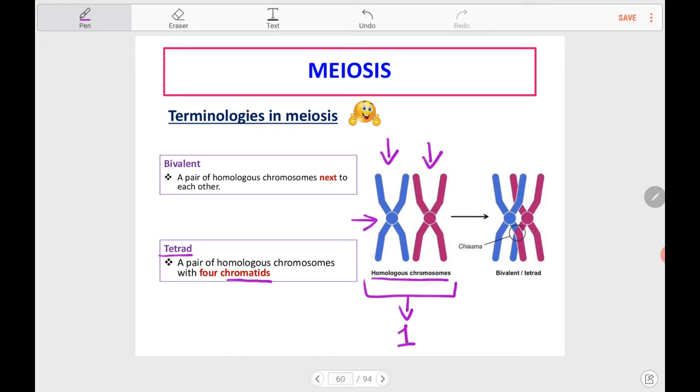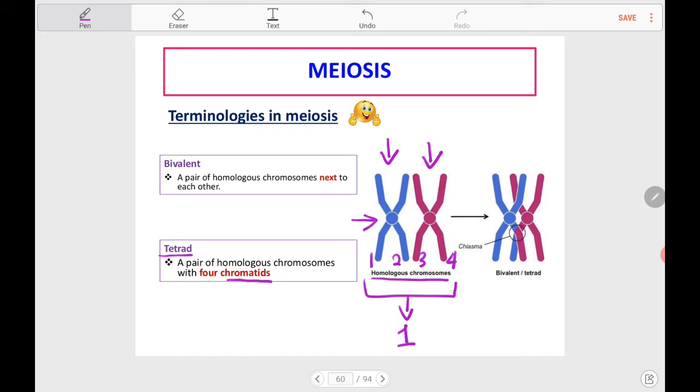So in this case, chromatid nombor 1, nombor 2, nombor 3 dan nombor 4. So bivalent dengan chromatids merujuk kepada pasangan kromosom yang sama. Cuma bivalent lebih kepada sepasang homologous kromosom, tetapi tetrad lebih fokus kepada sepasang bivalent tersebut mengandungi 4 chromatids.